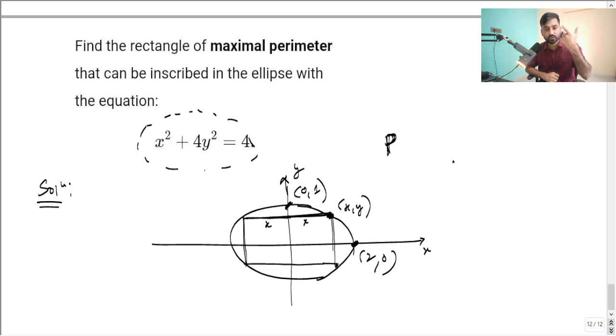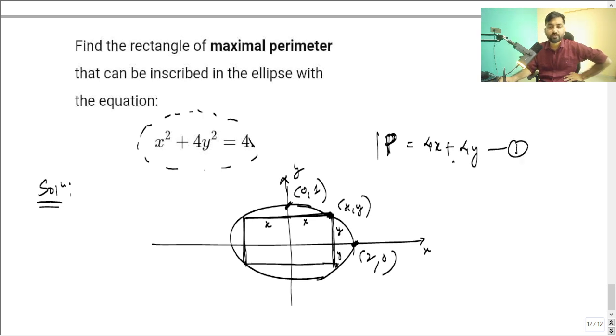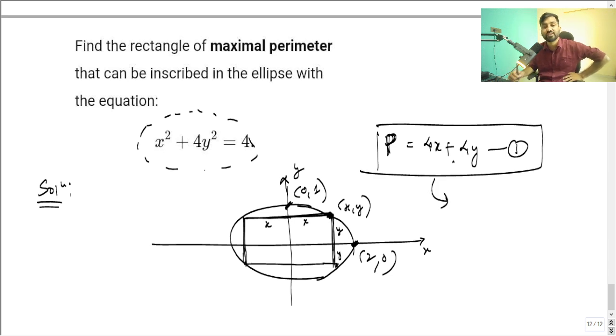and there are two horizontal edges, so this is going to be 4x, plus, this is y and this is y, so you get 2y, and there are two vertical edges, which is 4y. So that is the first equation that you got. This is the first function, which is called the objective function, guys.